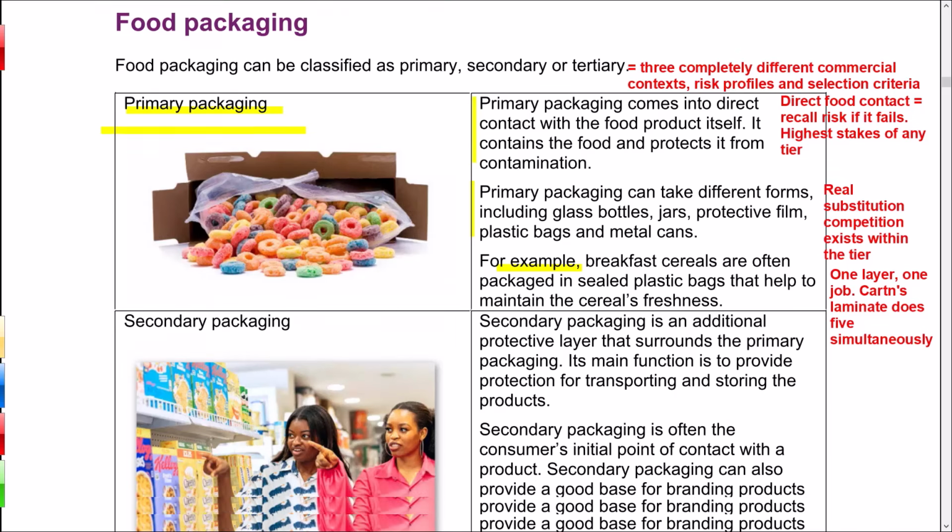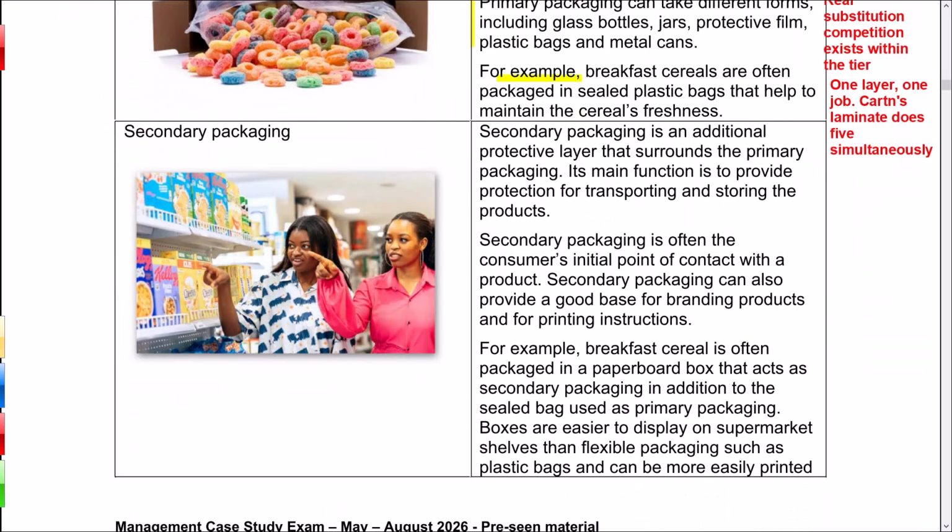Okay, so let's move down now to something called secondary packaging. So secondary packaging is basically, if I can find my marker, an additional protective layer that wraps the primary layer, and its main function is protection during transportation and storage.